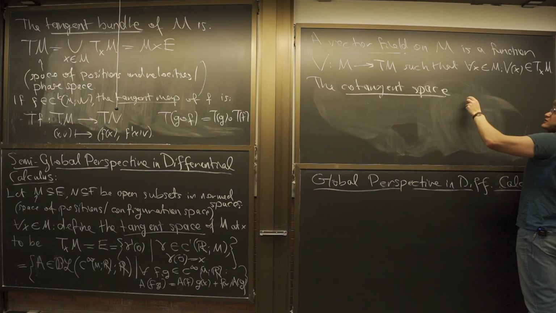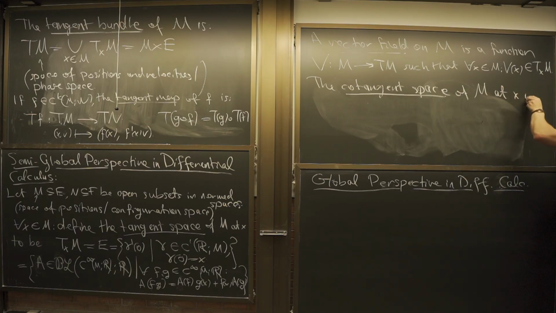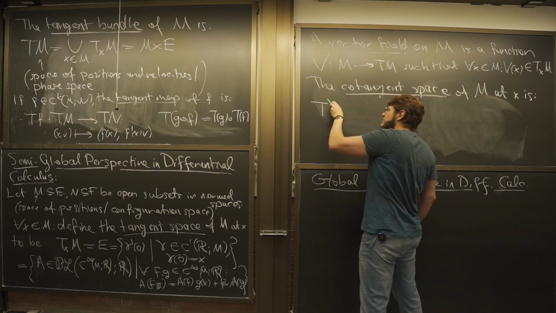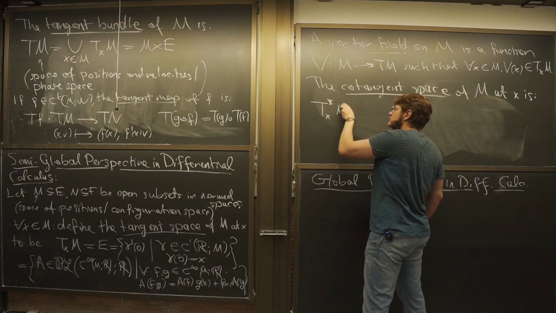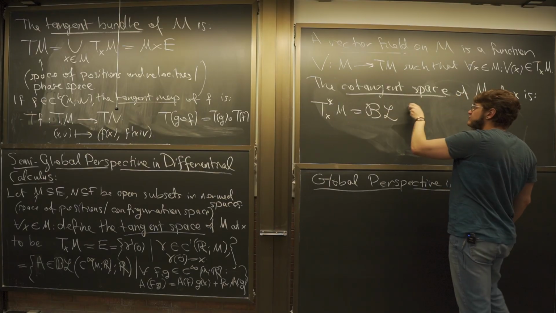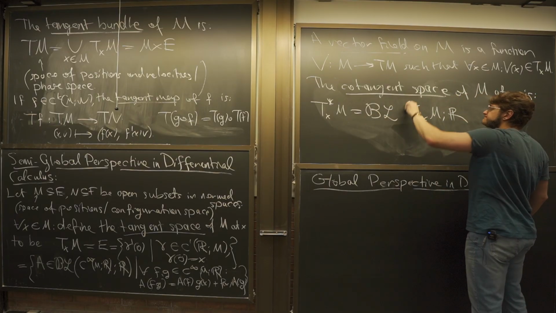The cotangent space of M at x, typically denoted by T upper star, is the space of bounded linears from TxM into reals.